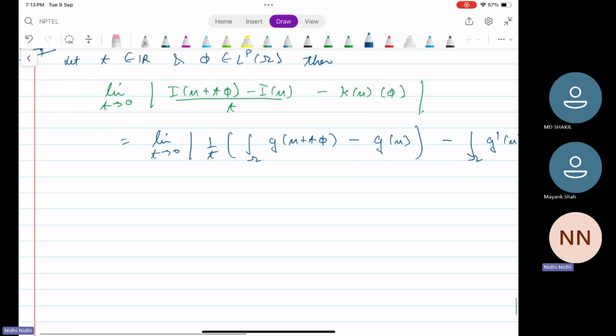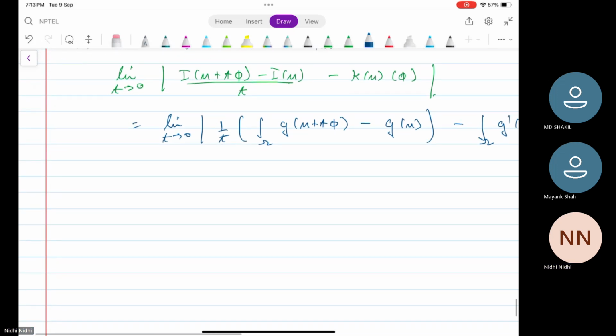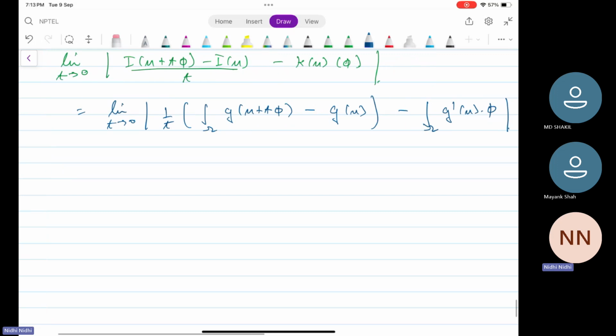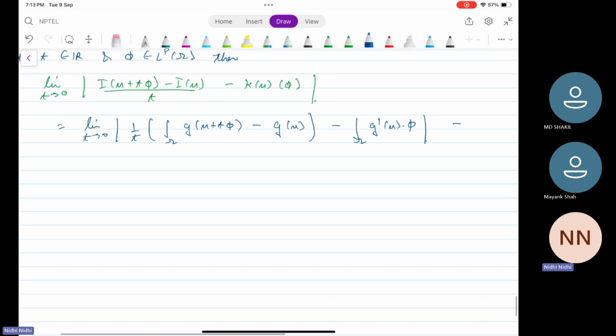So we want this to be equal to 0. I'll mark this whole equation as star.